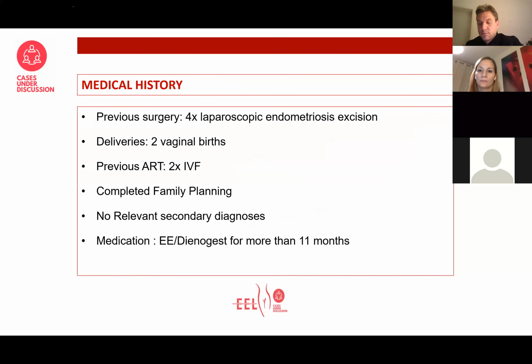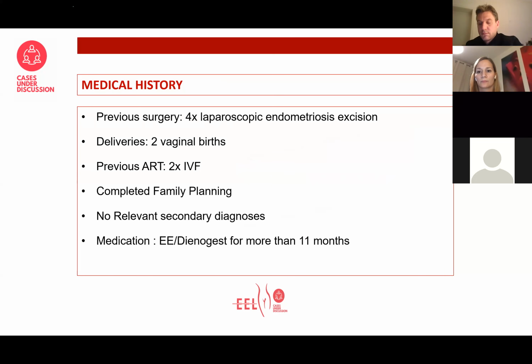When she came to our outpatient clinic, she didn't have any surgical reports, so I didn't know exactly what kind of surgery was performed. She had 2 vaginal births. Previous ART, she had 2 IVFs. At the moment she came to us, she mentioned that the family planning was complete and she doesn't wish to have any other pregnancies. And otherwise, the patient was healthy, no relevant secondary diagnosis.